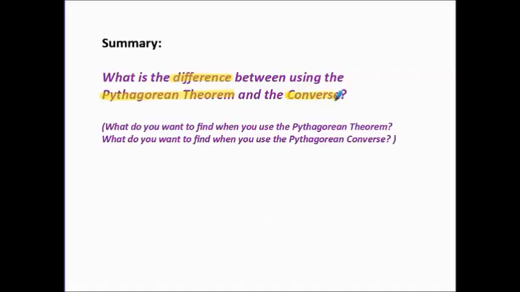And when you think about the difference, I want you to think about it this way. What do you want to find when you use the Pythagorean theorem, and what do you want to find when you use the Pythagorean converse? Alright, so much for this, and I will see you in class.